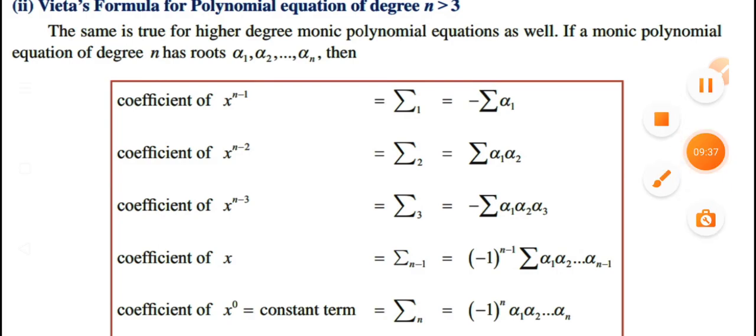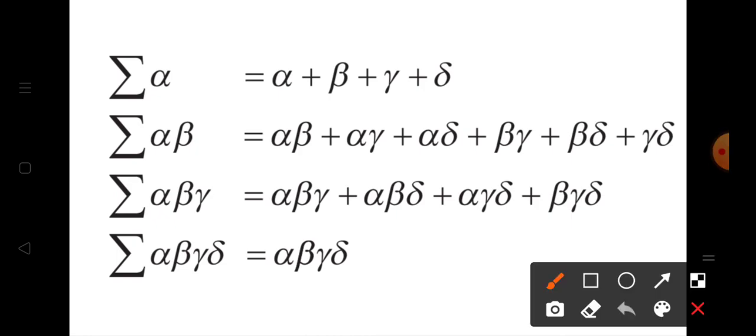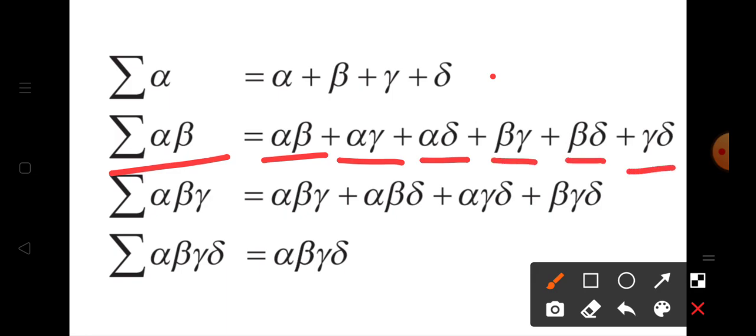Okay, do you understand? Now, sigma alpha is equal to alpha plus beta plus gamma plus delta. Then sigma alpha beta, we write alpha beta, alpha gamma, alpha delta, plus beta gamma plus beta delta plus gamma delta.